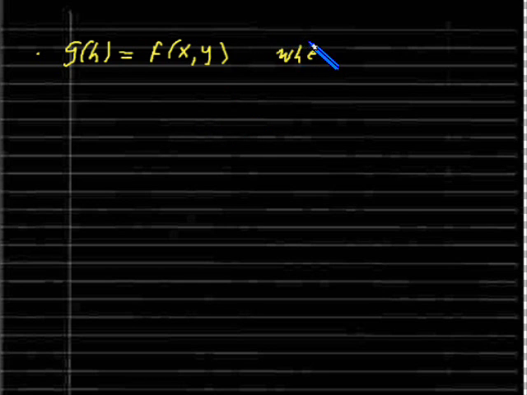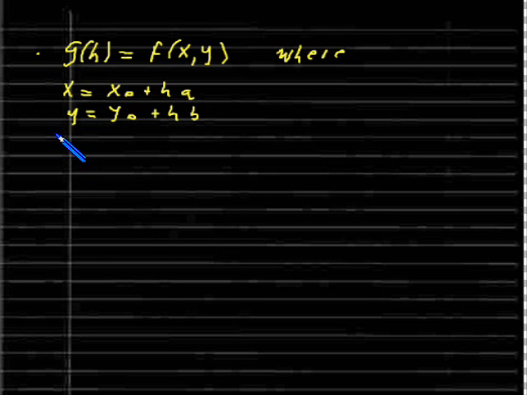On the other hand, we can write that g of h is equal to f of x y, where x equals x naught plus h a, and y equals y naught plus h b.